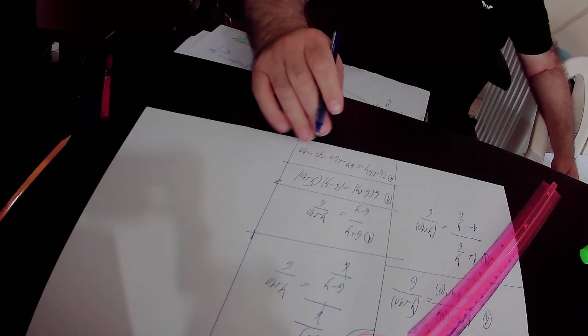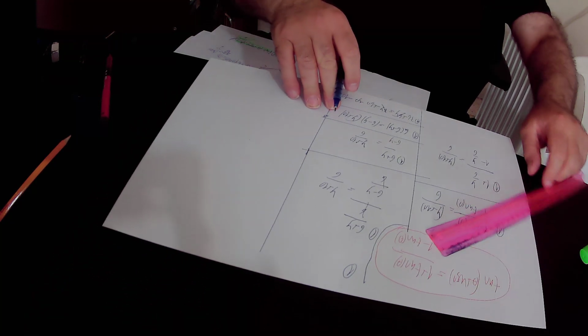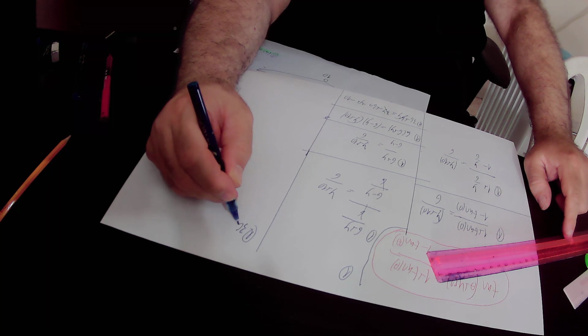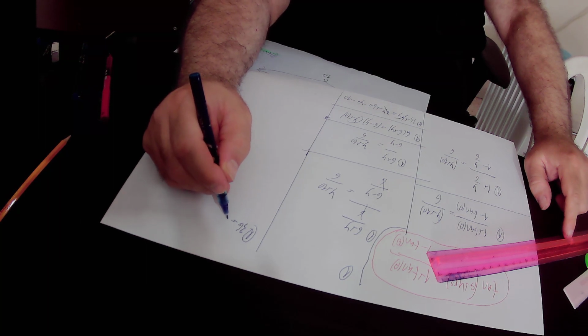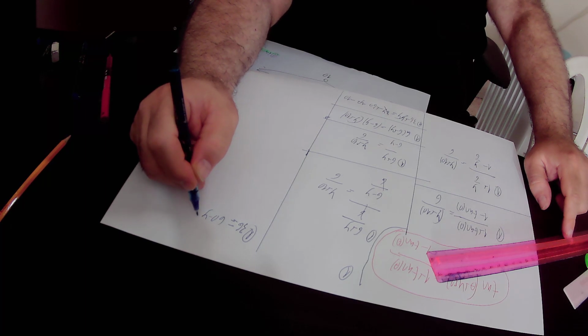So here we have 6y on both sides of the equation, so 6y will get cancelled, and we're left only with 36 is equal to 60 minus y squared minus 10y.